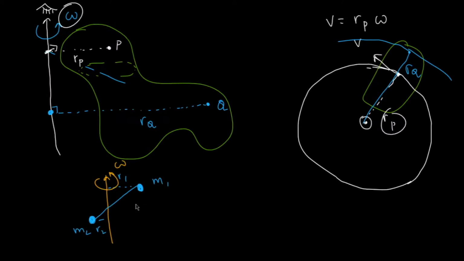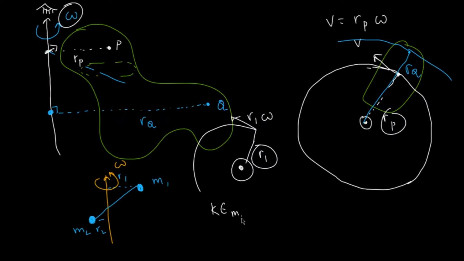constant angular velocity, then for the m1 particle, if you look at it from the top, if this were your axis, then m1 rotates about this axis, completes a circle that has a radius r1. It has a velocity of r sub 1 omega, and thus the kinetic energy of mass 1 is equal to half m1 times the velocity squared.